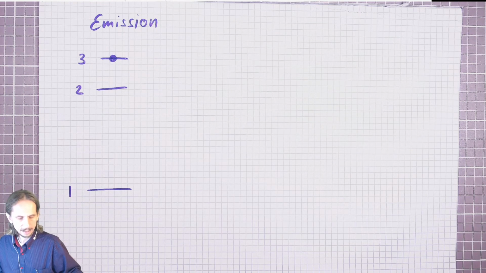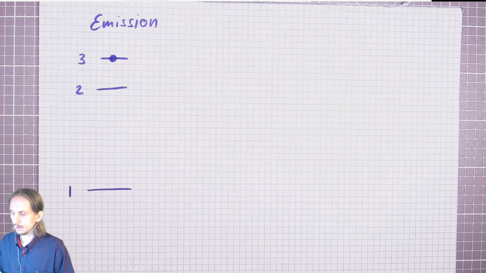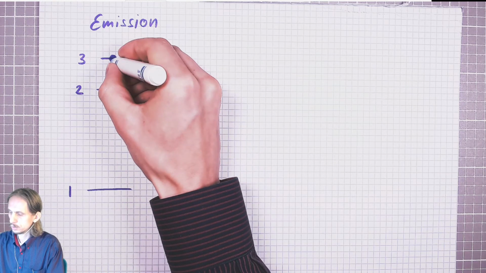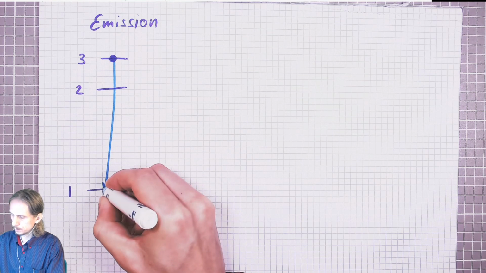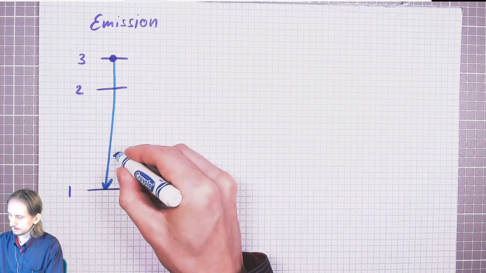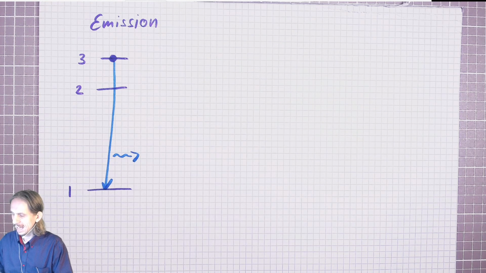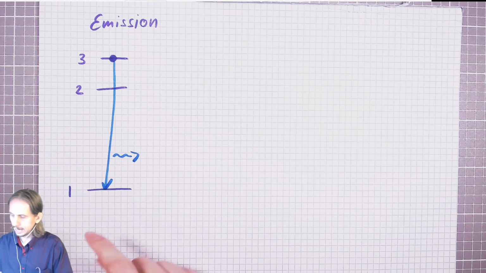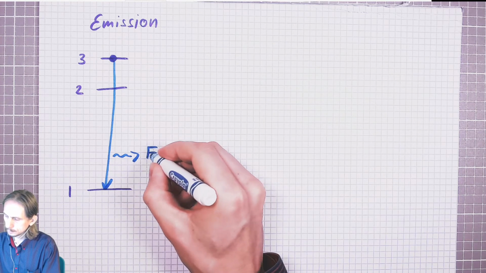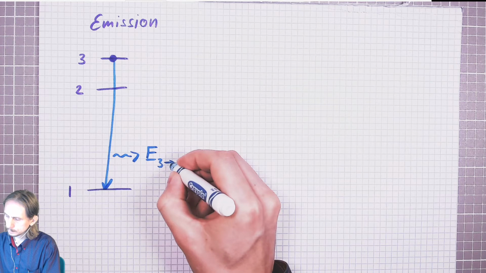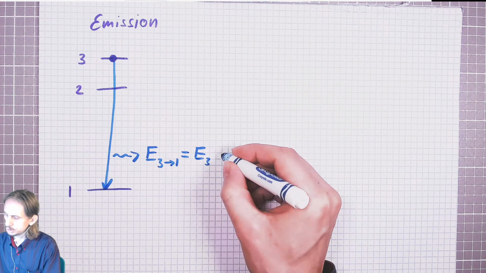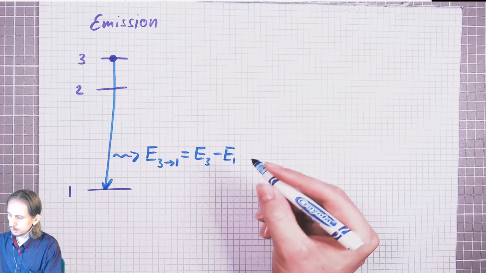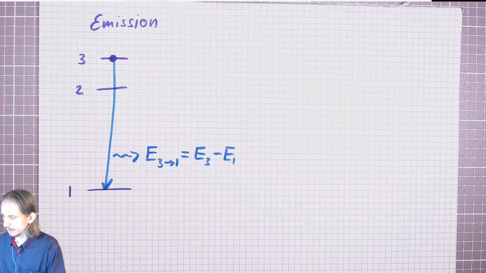We then can think about what kind of transitions this electron would have. The first thing that it could do is go a very long distance and send light out. The photon energy of this light is exactly the difference of the energies of the electronic levels 3 and 1.